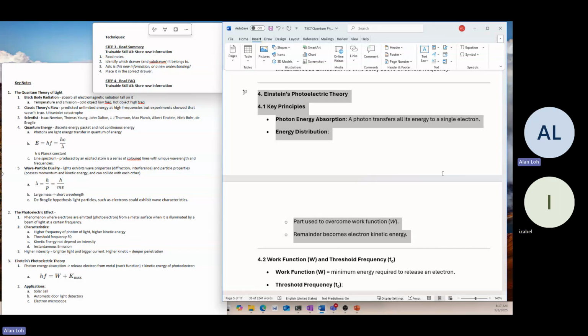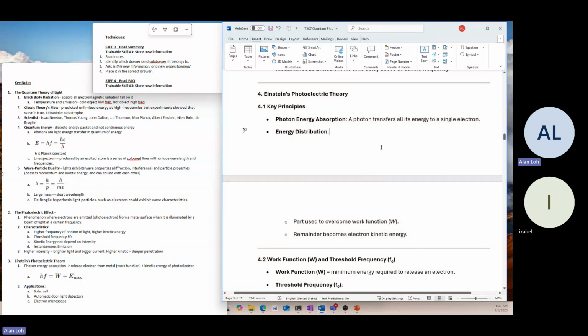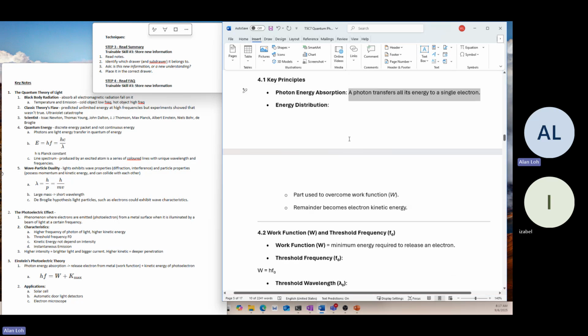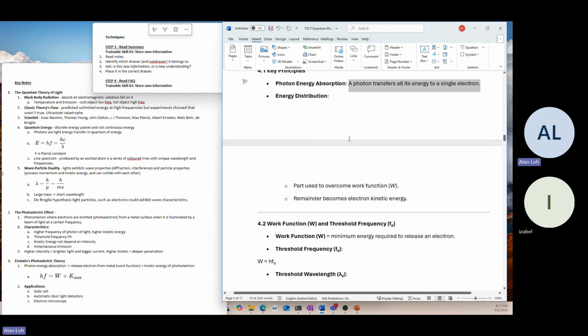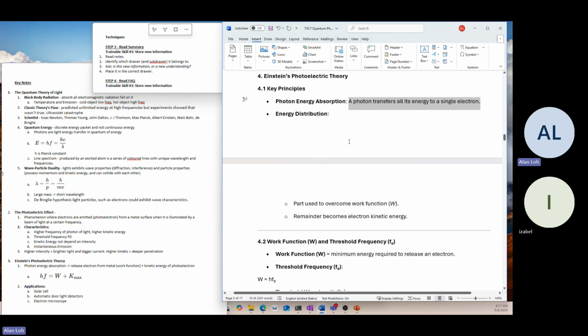Okay. All right. I think there is a new understanding. Just appreciate and try to understand this. A photon transfers all its energy to a single electron. Right? Photon transfers the energy to a single electron. Let's put that into your drawers.